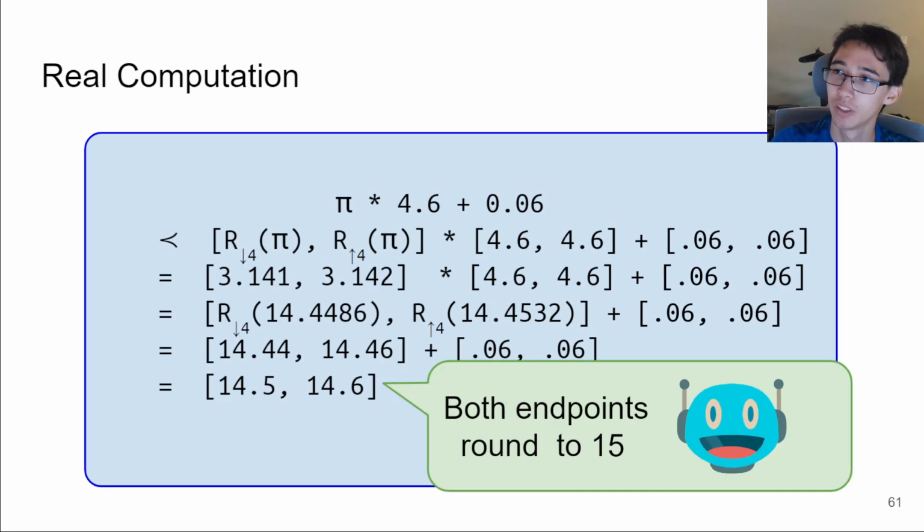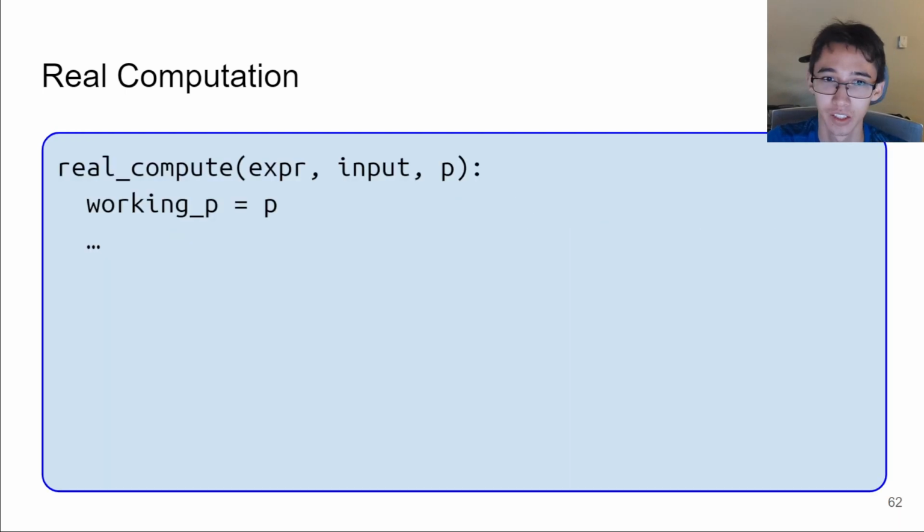Great. So this example suggests an algorithm for doing real computation, and the algorithm involves increasing the precision until we get an answer. So let's write down that algorithm as pseudocode. Here is a function called real compute. It takes a math expression, an input point, and a desired precision p.